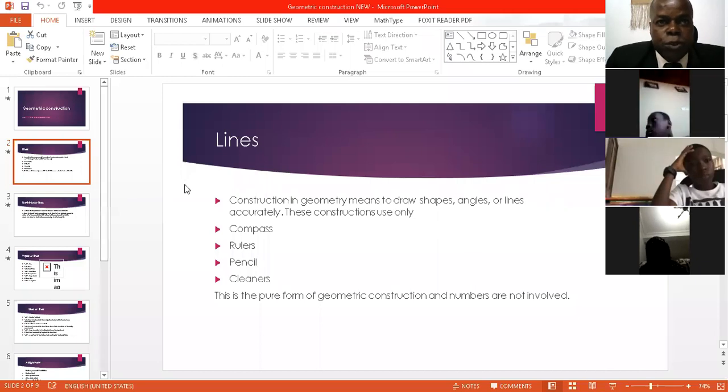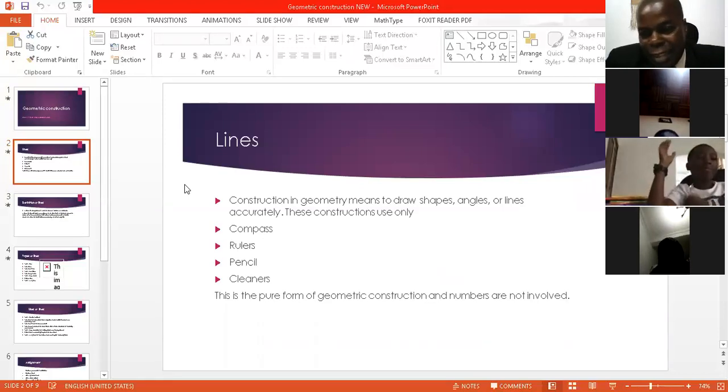Then 3, which is 2 different curves joined together. 4, 3 straight lines joined at different angles. 5, 2 straight lines and a curve. 6 starts with a curve and a circle. 7, 2 straight lines joined at an angle. 8, 2 circles joined together in the middle. 9, a circle and a curve. 10, a straight line and a circle, and so on and so forth. That is how geometry started.